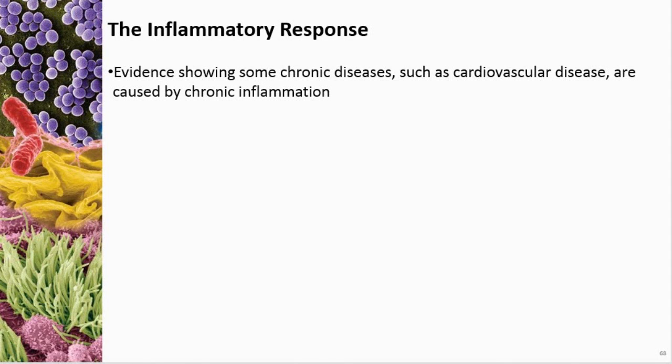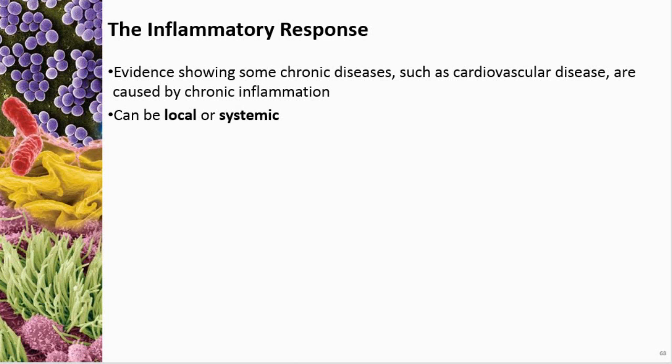Now I said the inflammation is local, and it usually is, but it can go haywire and become systemic. And that's where we end up with these chronic diseases such as cardiovascular disease, vascular diseases such as atherosclerosis, and those sorts of things that can lead to clot formation and stroke and all that sort of stuff.